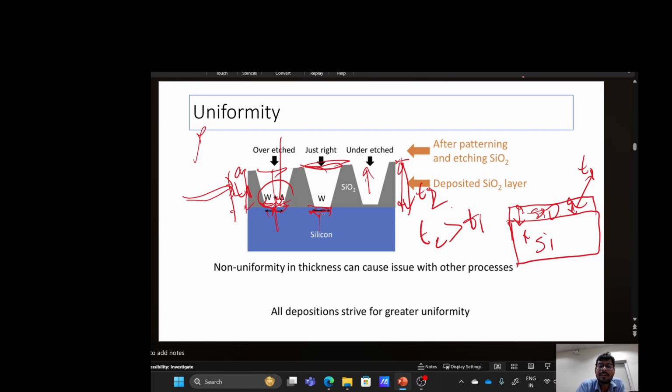So you will get a feature size more than the expected one. And with the higher thickness at this point, it won't even get etched to that position, because it will require more time, and if we give it more time it will over etch more, W plus delta W plus delta W, whatever it is. It will over etch more, and your feature size will be compromised in this position.